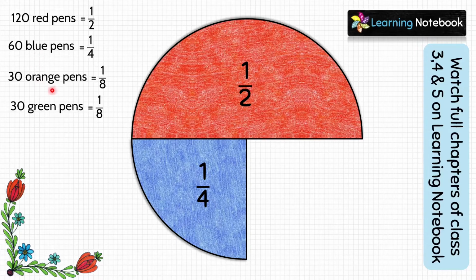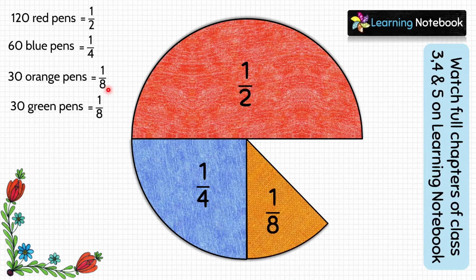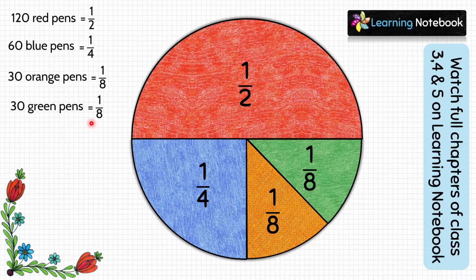Next, let's represent fraction 1 by 8. For this, let's take fraction 1 by 8 from the orange circle to represent 30 orange pens. And then we will take fraction 1 by 8 from the green circle. So our pie chart is complete, and thus we have represented the same data using pie chart.